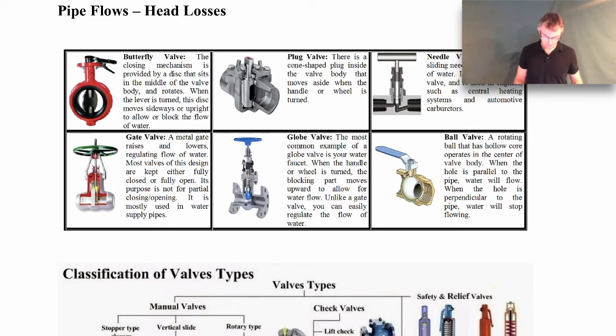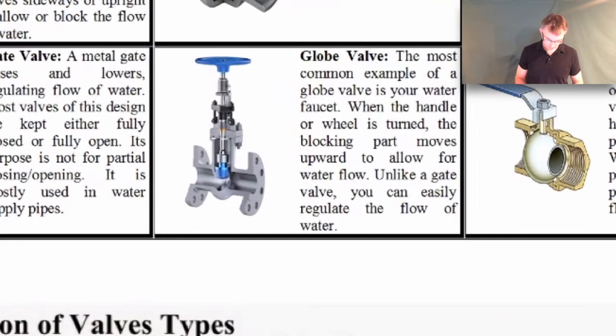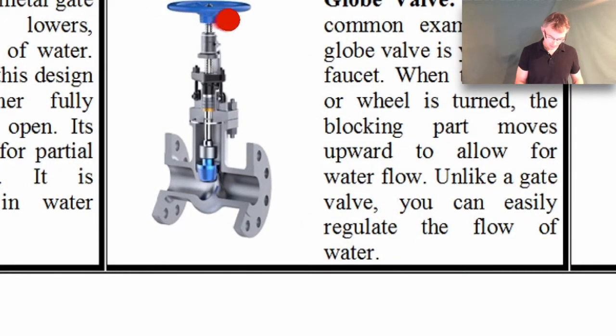If you're curious and want to know more about globe valves, this picture kind of shows how it works. You have a handle here that you can turn, and when you turn it, it moves up and down this plug right here that either plugs up or opens up the flow through the pipe. The flow through the pipe would be in this direction.